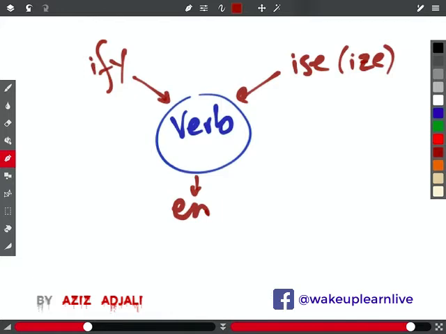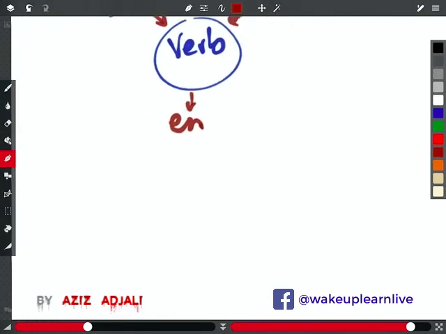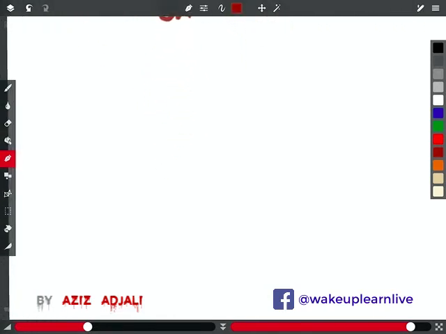It will become broaden. For example, short, to shorten. Less, to lessen. Hard, to harden. Soften, weaken, smarten, sadden. All of these. So if I would like to obtain the verb, I add the en in the end. Okay, so these are the most famous ones.